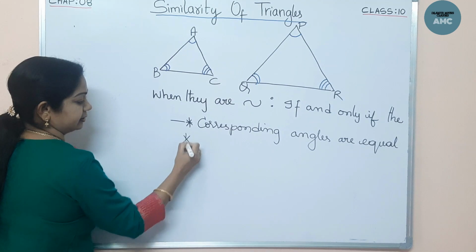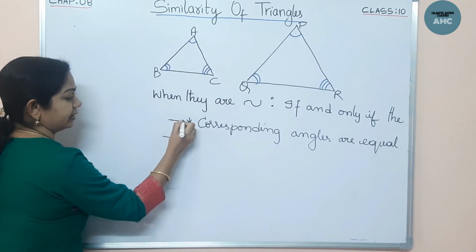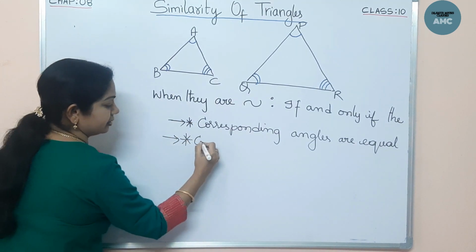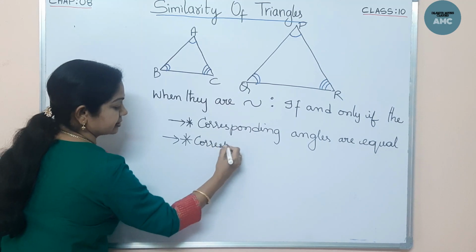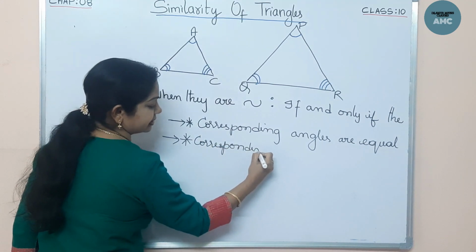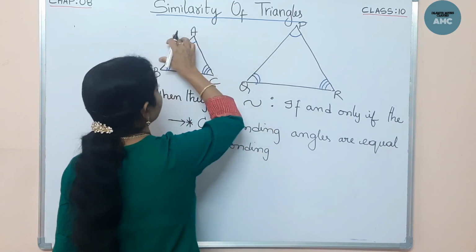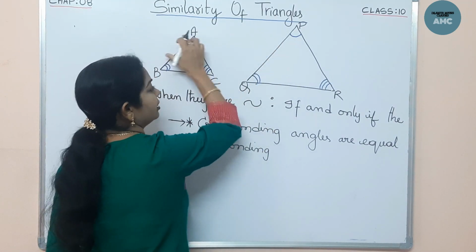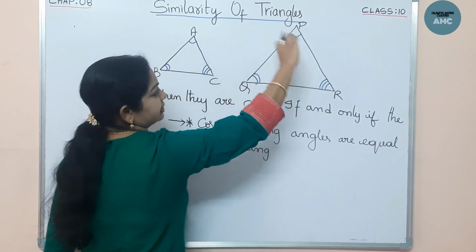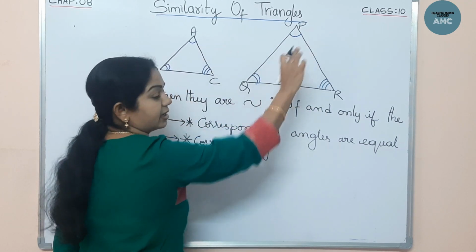And here the second point is that the corresponding sides, here these are AB, PQ. Are they equal here? No. This is smaller, this is bigger. And AC, PR, this is a bit smaller, that is bigger.